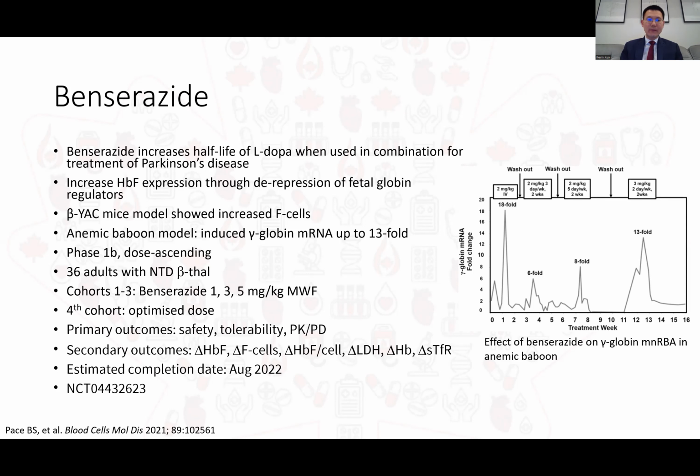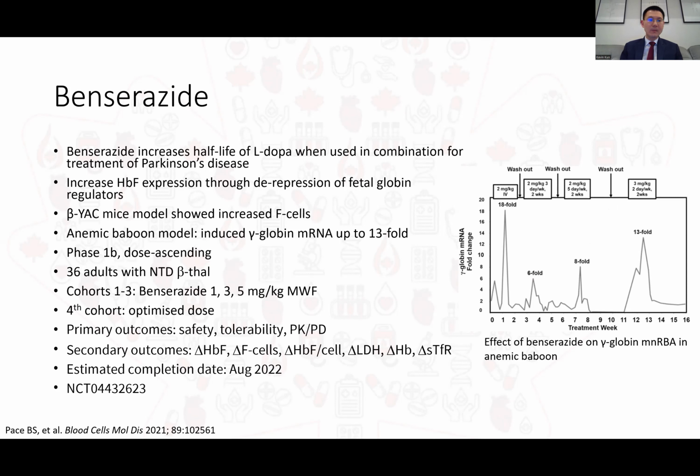One of its salutary effects is increase in fetal hemoglobin expression through derepression of the fetal globin regulators. In the beta-YAC mice model, it was shown to increase F cells. And on the right-hand panel here, you can see that in the anemic baboon model, it induced gamma globin mRNA up to a 13-fold increase.